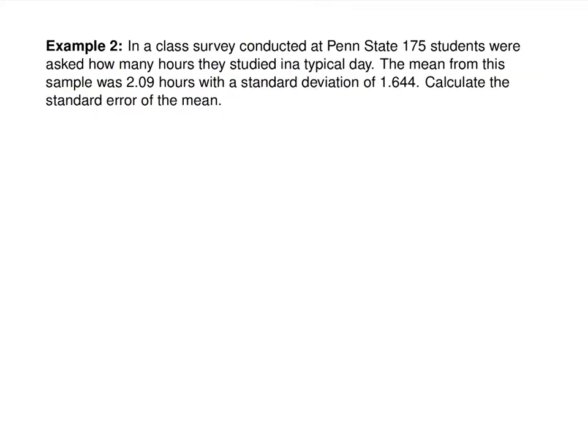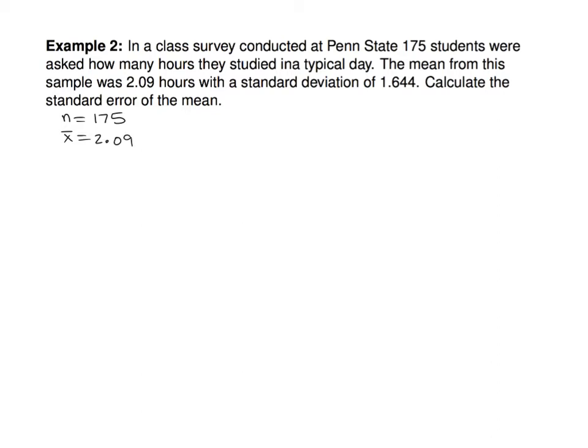So in a class survey conducted at Penn State, 175 students were asked how many hours they studied on a typical day. The mean from this sample was 2.09 hours with a standard deviation of 1.64. Find the standard error of the mean. So let's first figure out what information we were given. The 175 is my sample size. The mean was 2.09, so that's x bar, our sample mean.